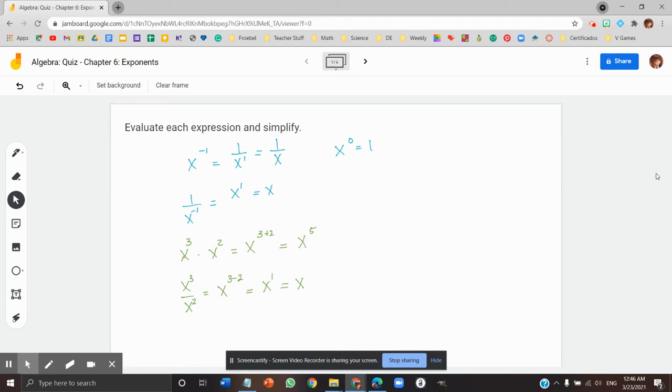Now, what happens if one of those exponents gets to be negative? What if the denominator exponent is bigger than the numerator exponent? Again, you're going to put the first one first, numerator first, then you're going to subtract the denominator exponent.